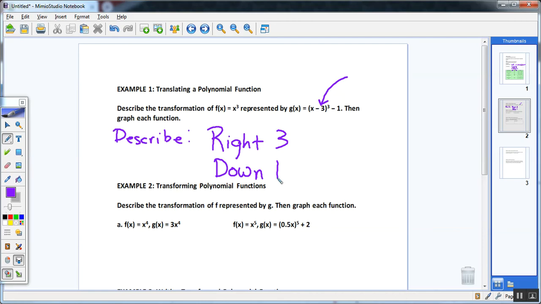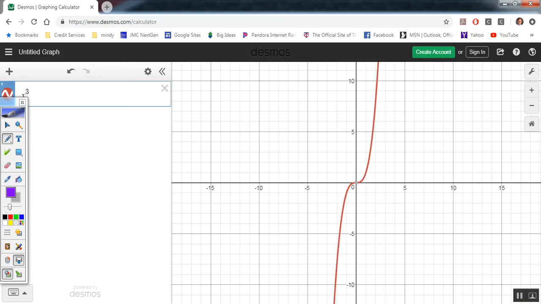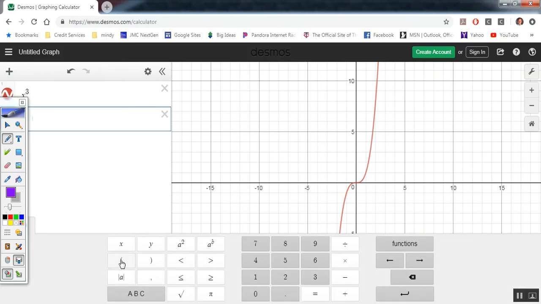And I can check. If I go back here, I'm going to type in the second function, which is x minus 3 to the third. Did that move right 3 units, kids?